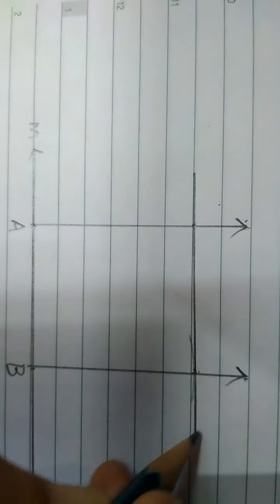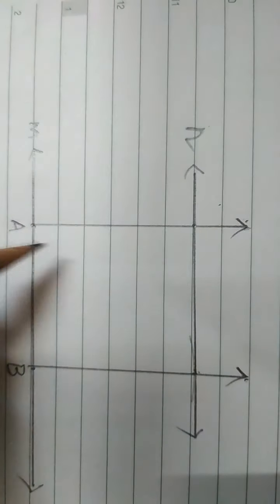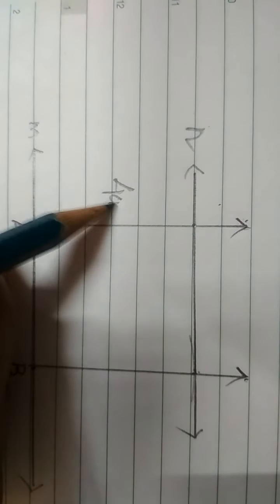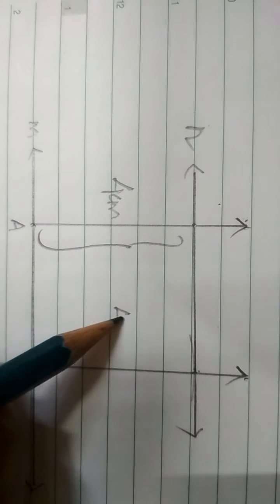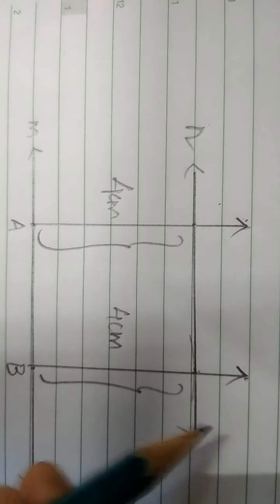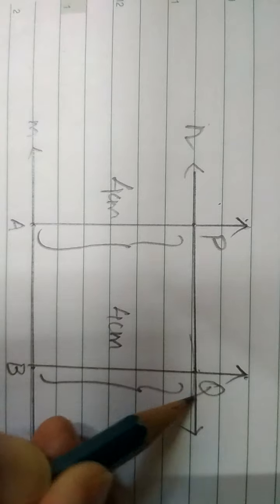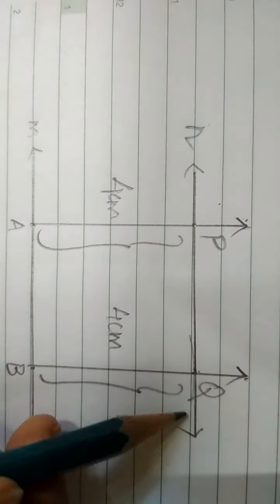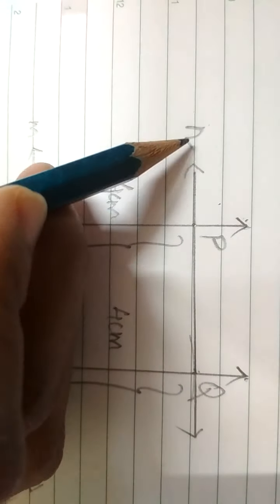And then this is called the parallel line, and name it as N. So here this is 4 centimeters and this is also 4 centimeters. So here you can name it as PQ. So AB is parallel to PQ, or M is parallel to N.